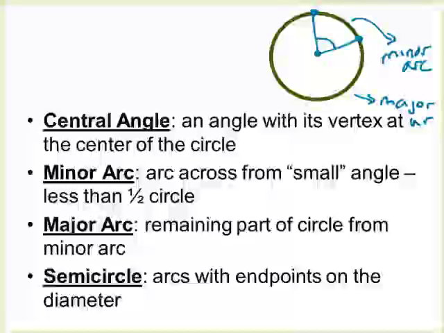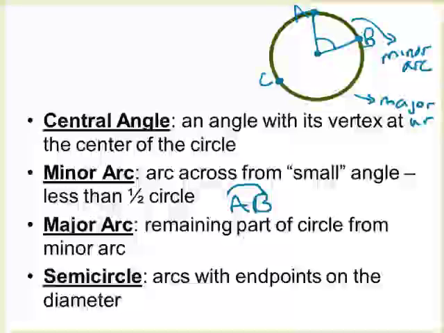When we name arcs, I'm going to put some letters in here. If I name a minor arc, I'm going to do so with 2 letters, and put a little hat on it, a little curved section, like our segment symbol, but curved, meaning that that is an arc.